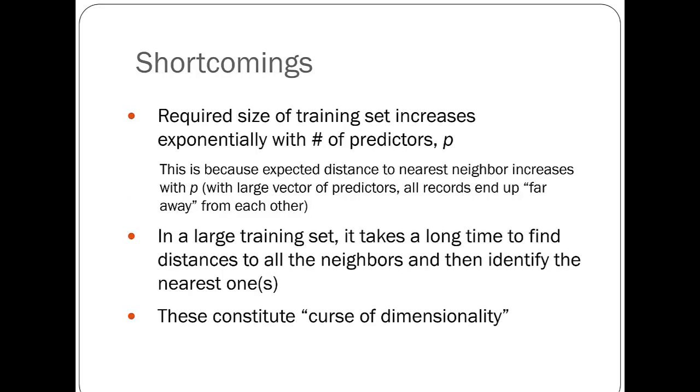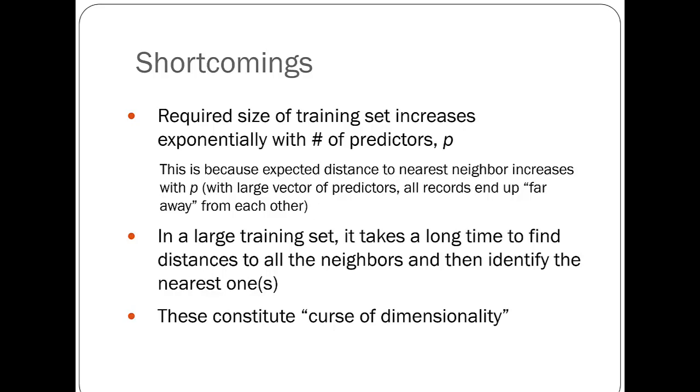Shortcomings are that as the number of predictor variables increases, the required size of the training set is going to increase exponentially, and this is because when you move into multiple higher dimensions, space gets spread out more and more, and that's problematic because you need a large training set, and the larger the training set, the longer it takes to find the distances to all the neighbors and identify those that are closest.